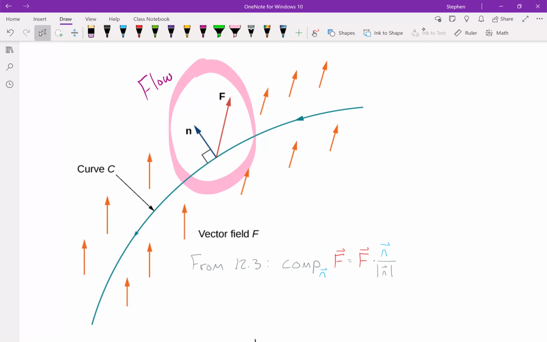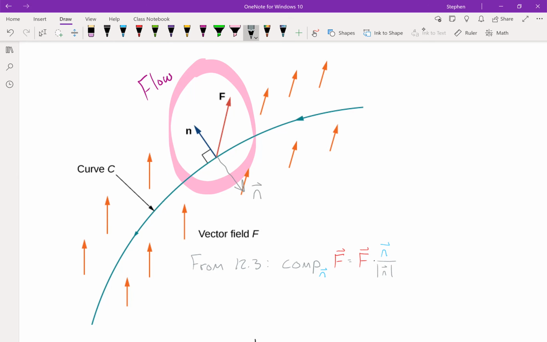Because right now, the normal vector that we're looking at is looking at the flow of water that goes forward through the dam, that goes downriver through the dam. But we could also have a normal vector that points in the exact opposite direction and is still n.